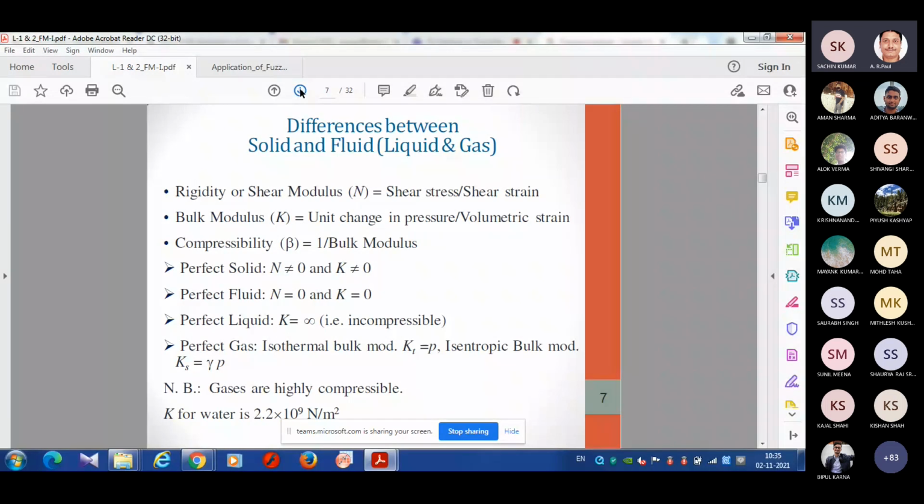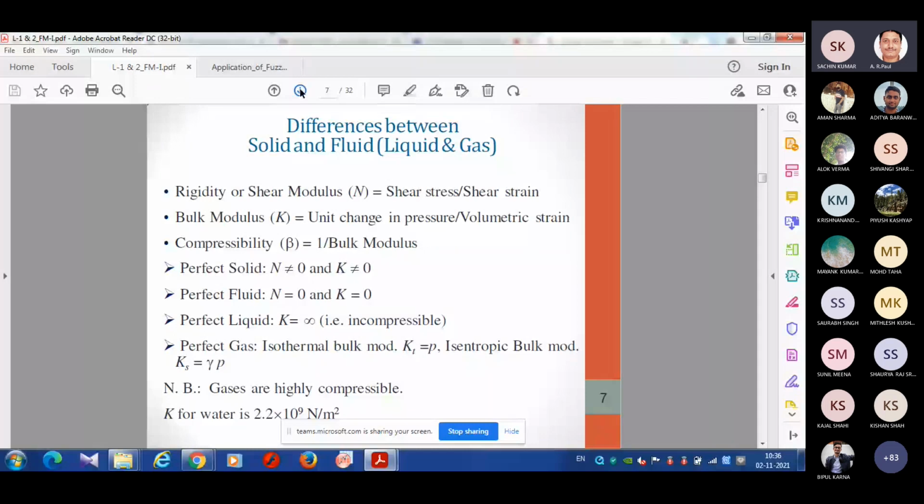And by changing the pressure, there must be some change in volume. So you calculate the change in volume. Let the change in volume be dV. And from that you can calculate volumetric strain.